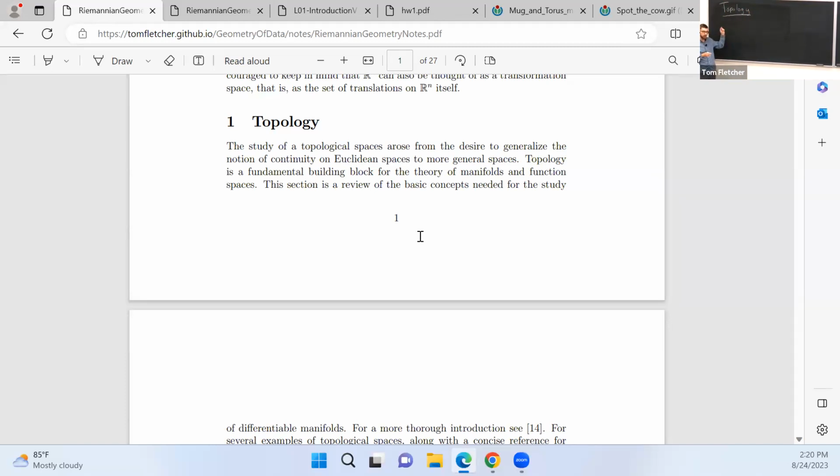If you give me any open interval epsilon in the output, there exists some delta open interval in the input such that, when I map it forward, it's completely contained in that output interval. This is the epsilon delta definition of a continuous function.